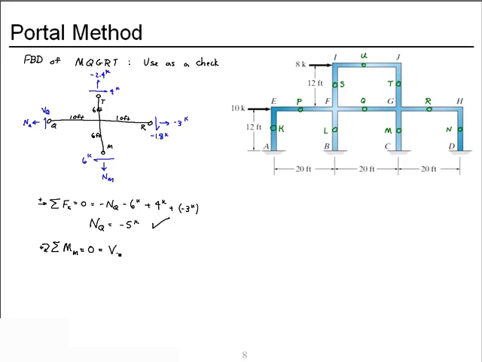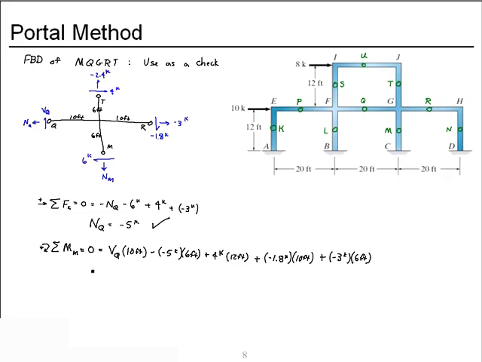We have the contribution from the shear at Q acting in a clockwise direction through 10 feet, acting in the other direction but at a negative 5 kips through 6 feet, and that's our normal at Q. Then in the clockwise direction is our 4 kip shear at T through 12 feet, and drawn in the clockwise direction but a negative 1.8 kips shear at R acting through 10 feet, and drawn clockwise, but a negative 3 kips normal at R acting through 6 feet.